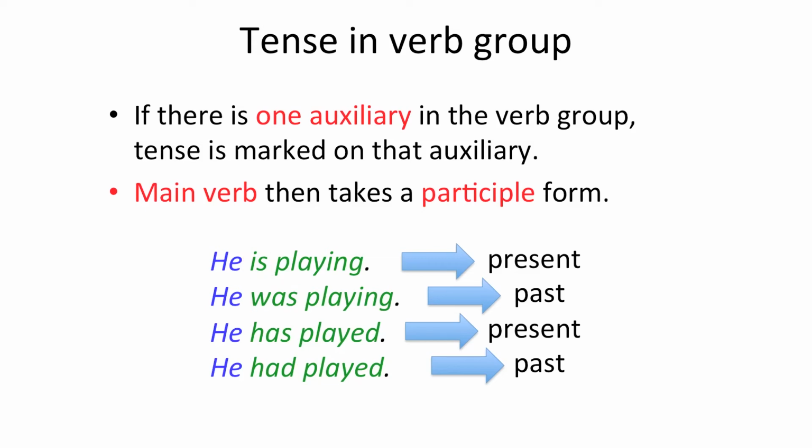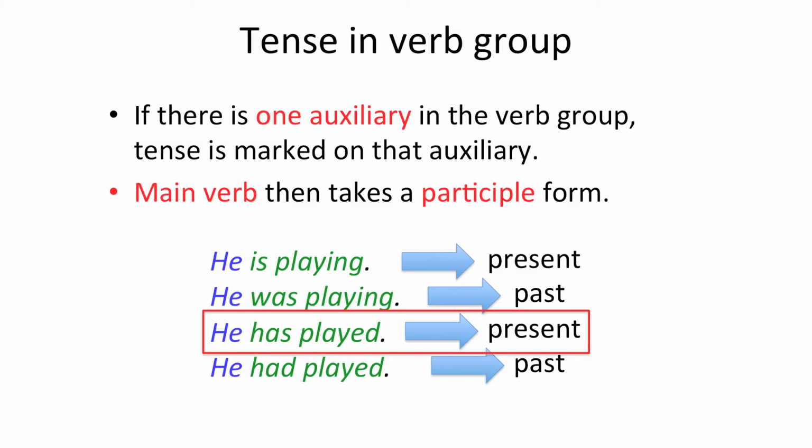You may find it strange to think of he has played as present tense. You might think, but hasn't he already played, so isn't it in the past? It is present tense because the auxiliary has is present tense. Remember that tense is only marked once in the verb group, and it is always on the first verb.